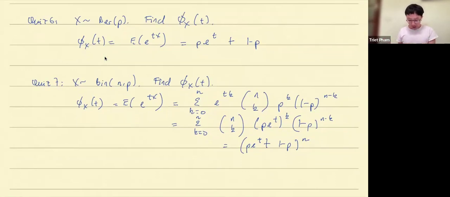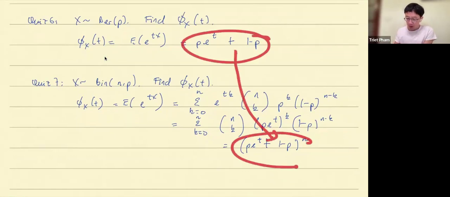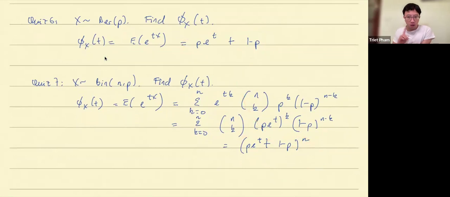All right, I want to draw your attention to these two structures. It's not a coincidence that they are similar somehow. They share something in common. We'll be more explicit about that.